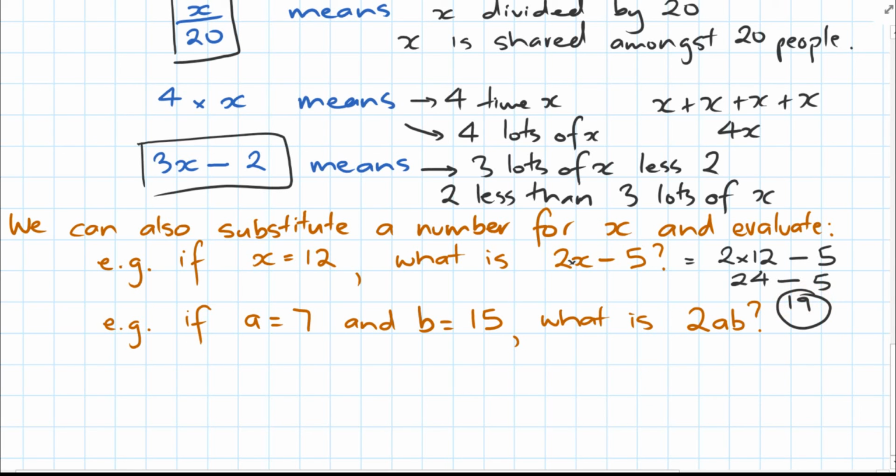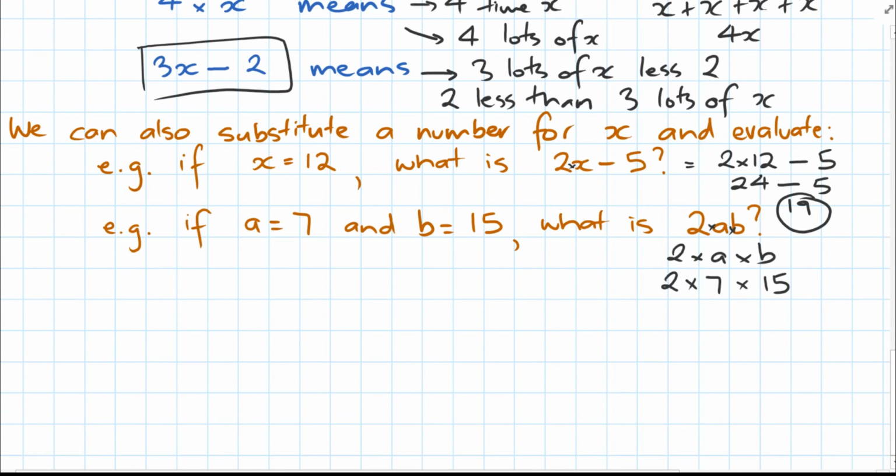Another one here, if a is equal to 7 and b is equal to 15, what is 2ab? Now this here means 2 times a times b. So 2 times 7 times 15. So we get 14 times 15.